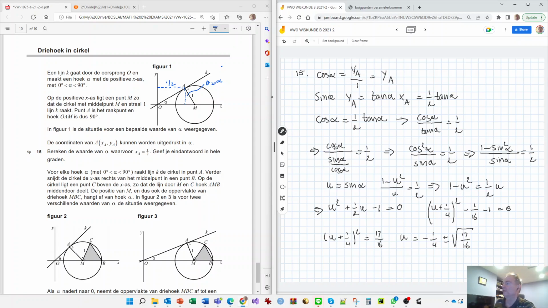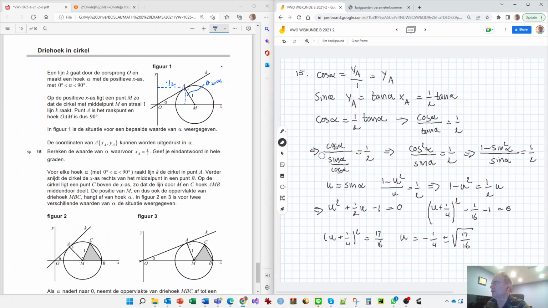As a matter of fact, let's just put this equation here in the graphics calculator and solve for it.